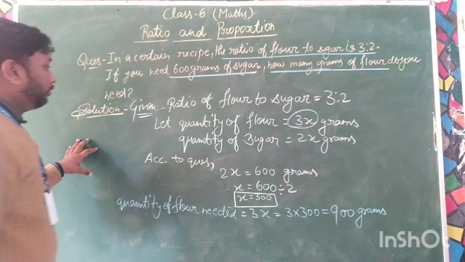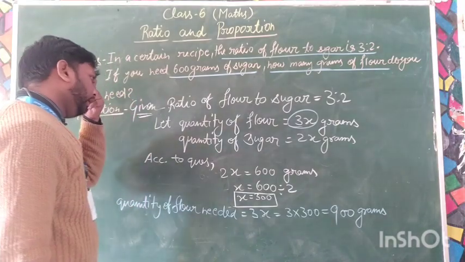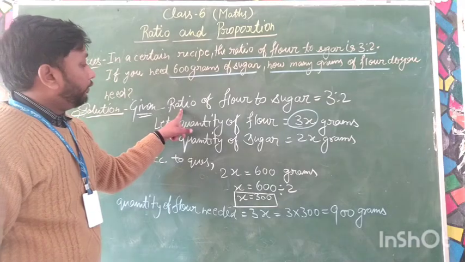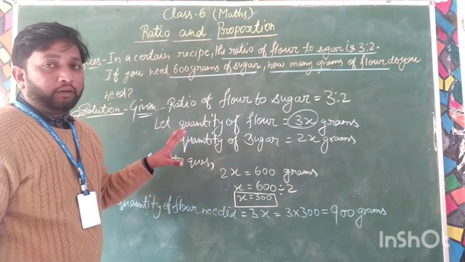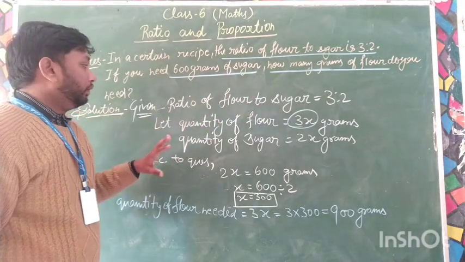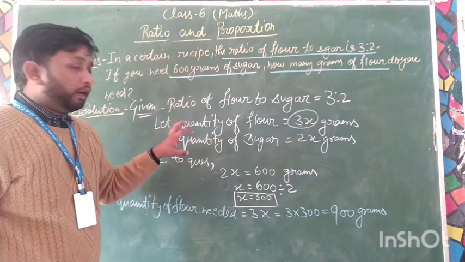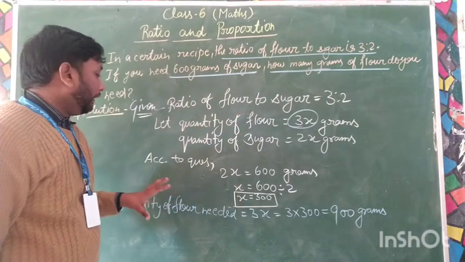Look at how to solve the question. First, what do we write? We write the given quantity, the given ratio. Then we assume both quantities in terms of x.